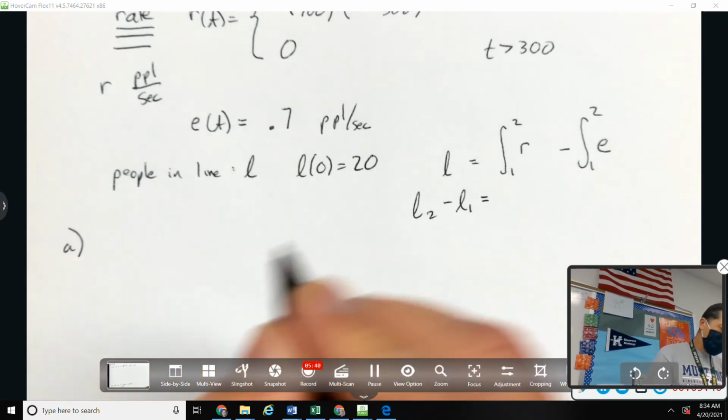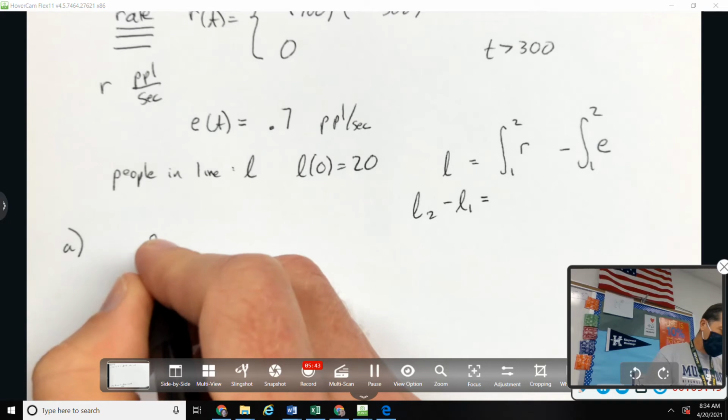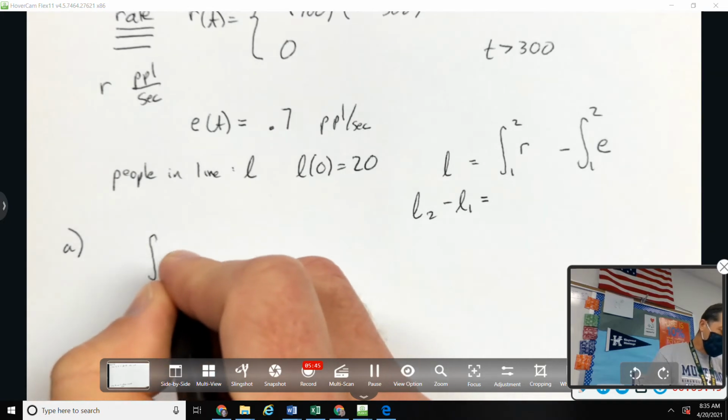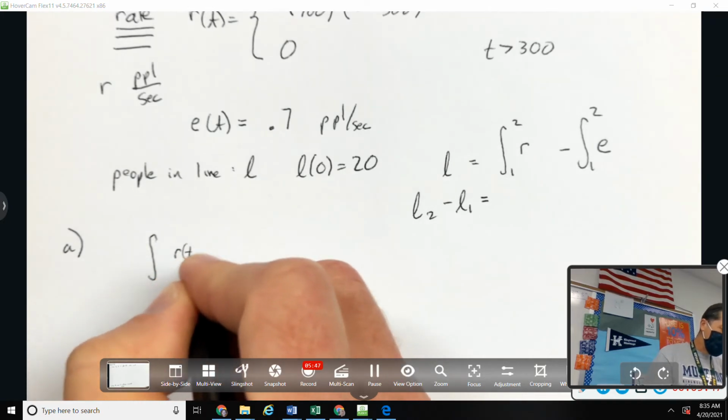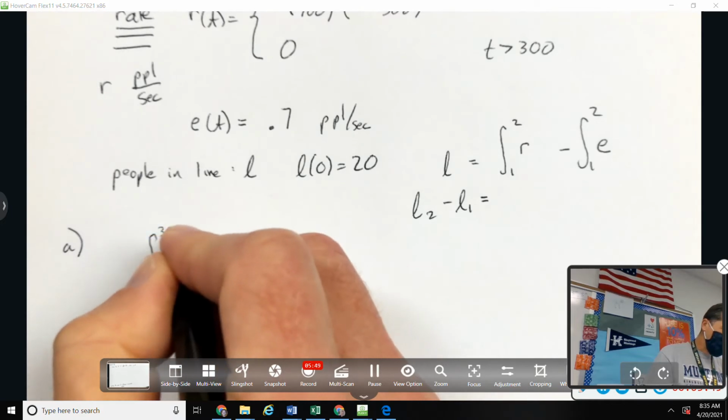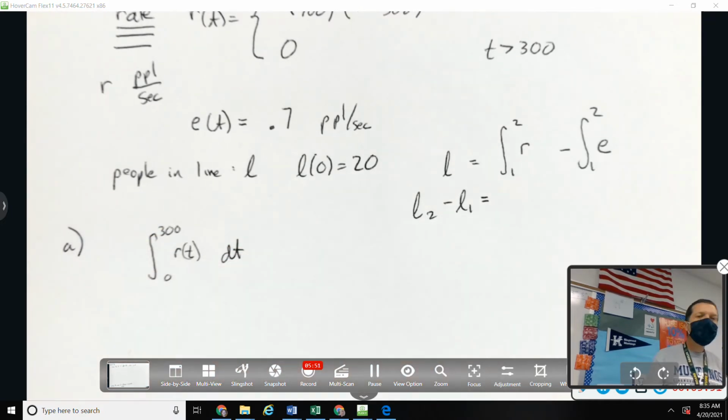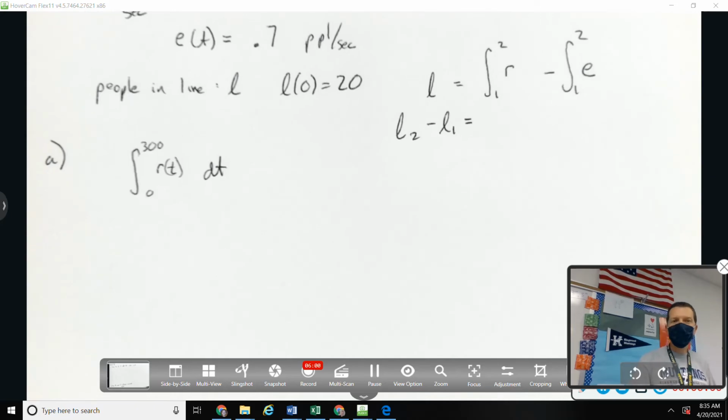Entering the line, that's R. So I want to integrate the rate from 0 to 300. That will tell me how many are getting in line for the escalator.